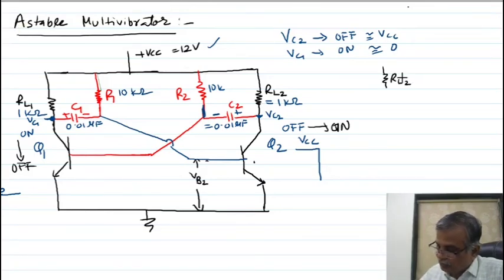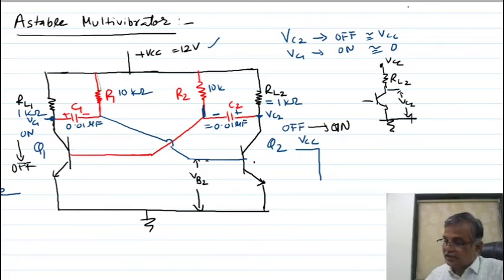This is RL2, this is your VCC, this is your VC2. So VCC is equal to the voltage across RL2 plus VC2. Current multiplied by resistance, so VCC is equal to IC2 RL2 plus VC2.